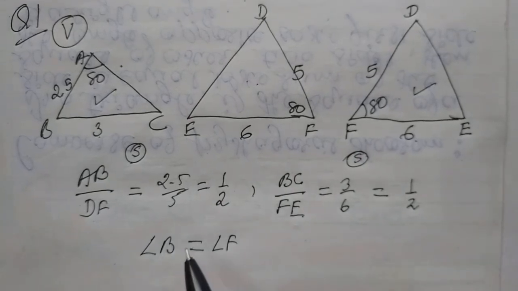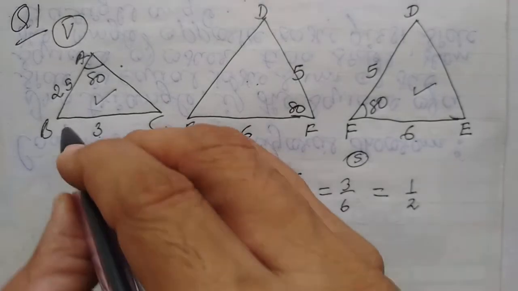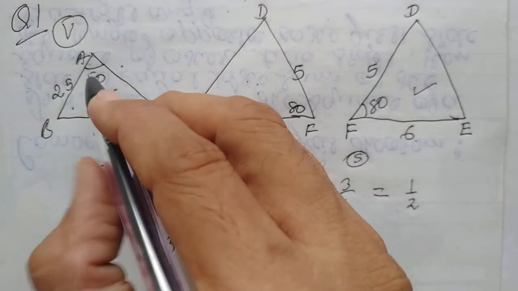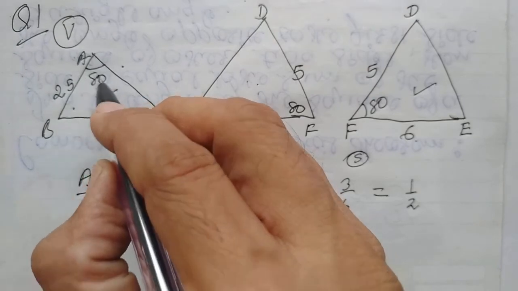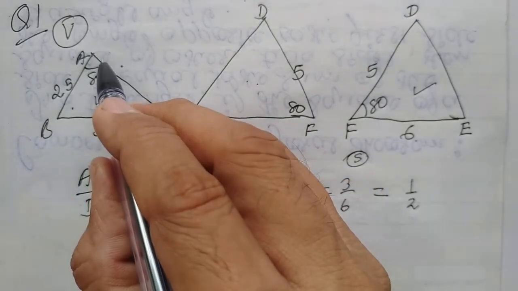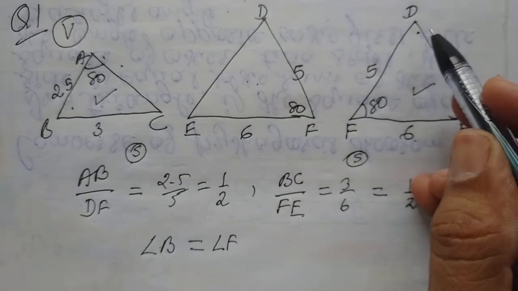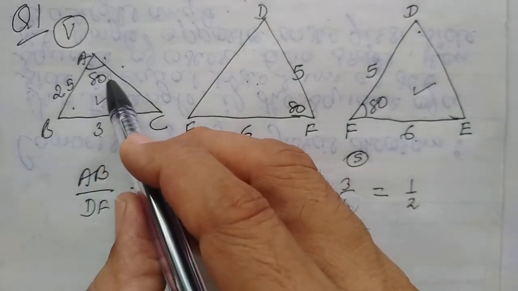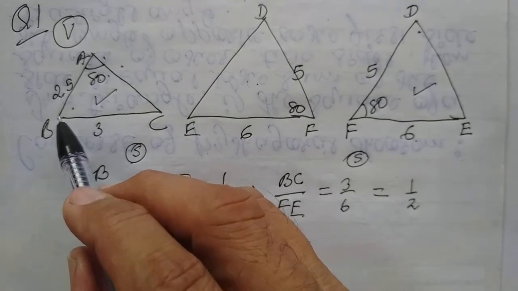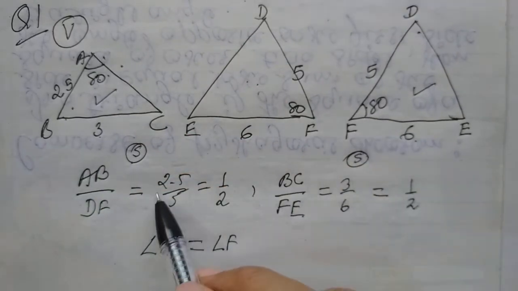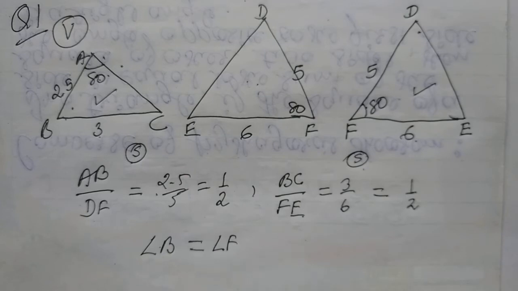So now children, B equal to F? No, because B we don't know. Here 80 is given, but this 80 is for angle A. If angle D is 80, then something we can think. But no, if B is 80, then this 80 and this 80 will be equal, these two sides are equal, so we can say that.